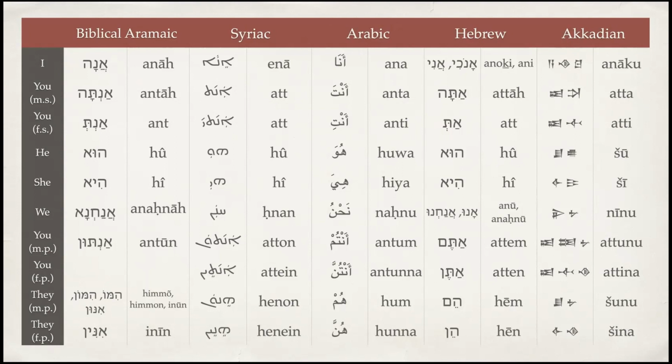Ata, at. Hu, he. Anu, anachnu. Atem, aten. Hem, hen. And finally, Akkadian: anaku, ata, ati, shu, she, ninu, atunu, atina, shunu, shina.